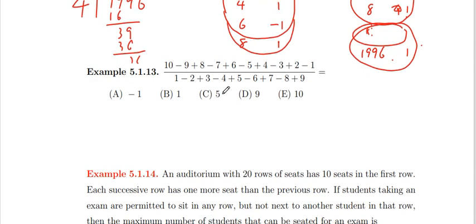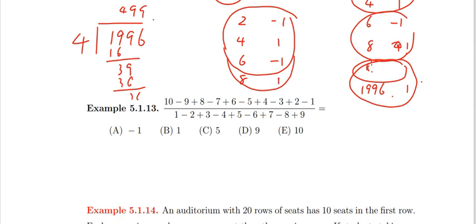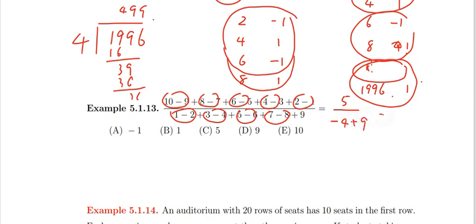Okay, so for this problem also, this is easy. We just check it. Okay, so here 1, 1. Oh, this is easy. Yeah, 1, 1, 1. Oh, this is just 5. Yeah. Okay, then negative 1, negative 1, negative 1, negative 1. So negative 4 plus 9. Okay, this equals 1.